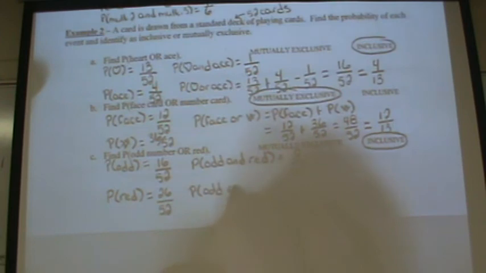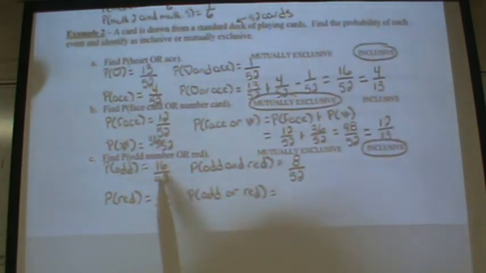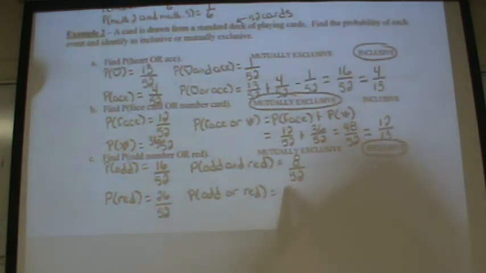So now to find our probability of odd or red, we take the probability that it was odd, which was our 16 out of 52, add the probability that it was red, which was 26 out of 52, and subtract the probability that it was both, which is our 8 out of 52.